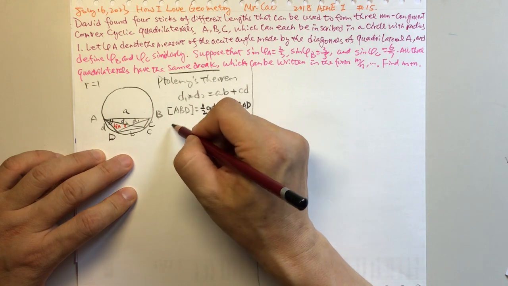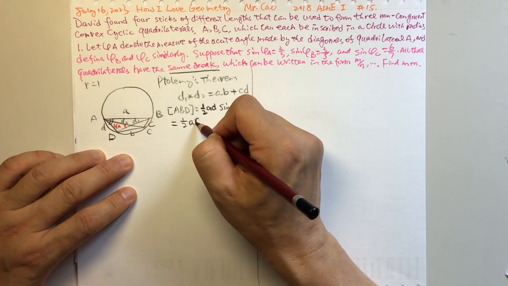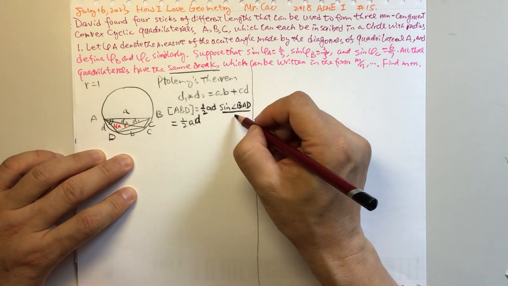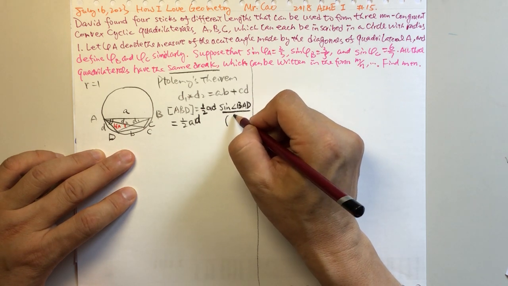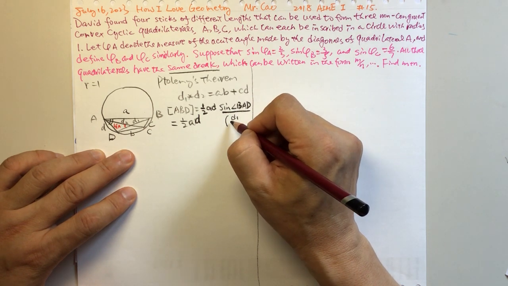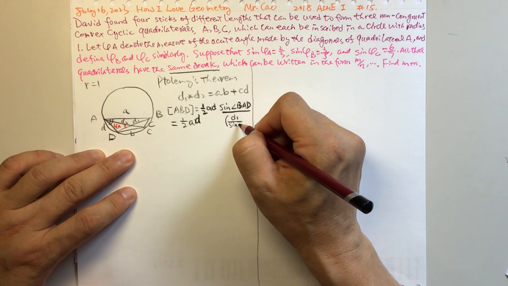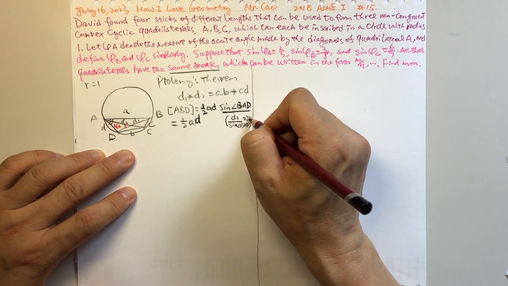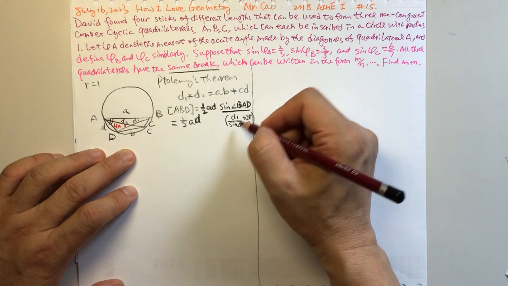And then we know, according to the sine law, D1 over sine of this angle BAD equals 2R, right? We know this one. That's what the sine law tells us.